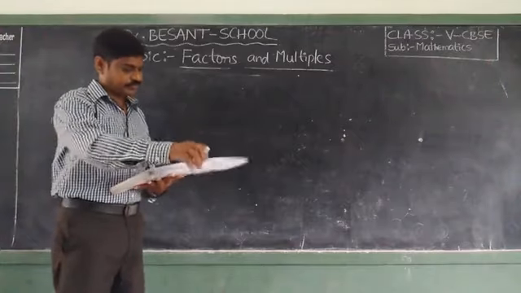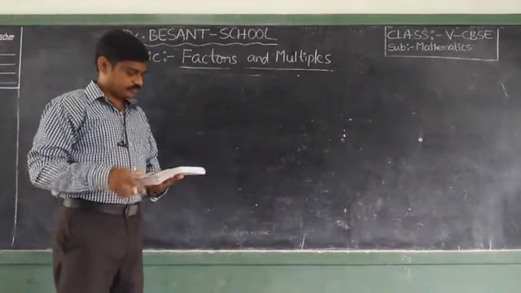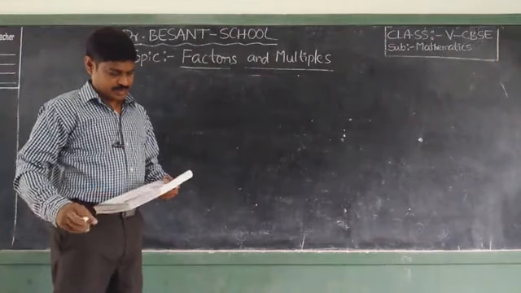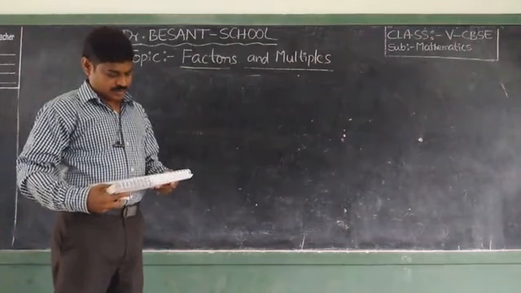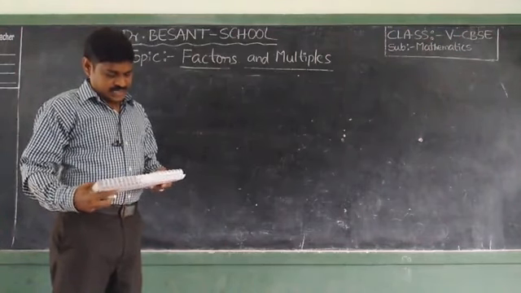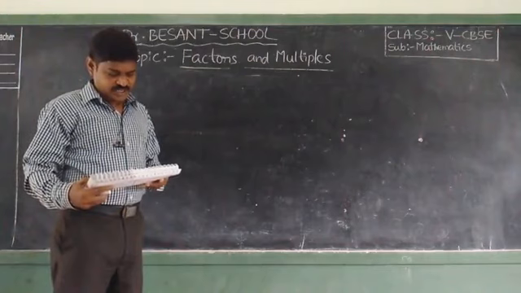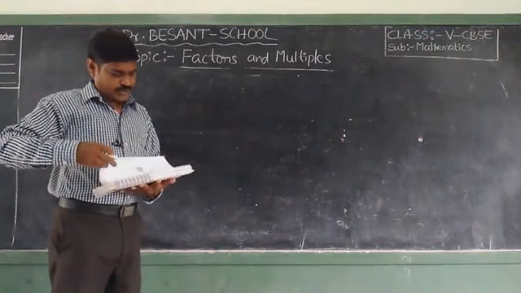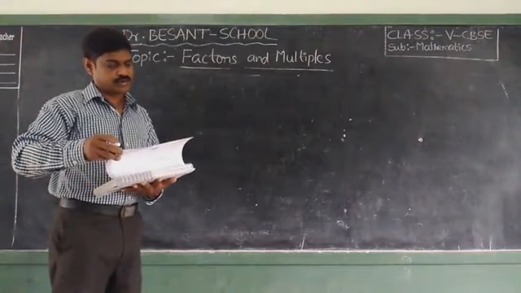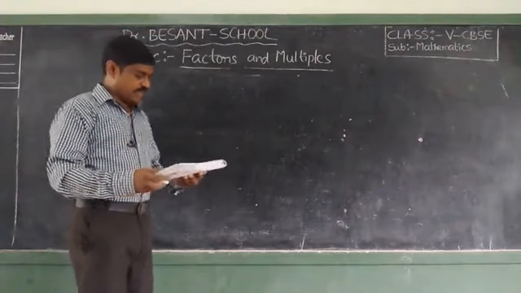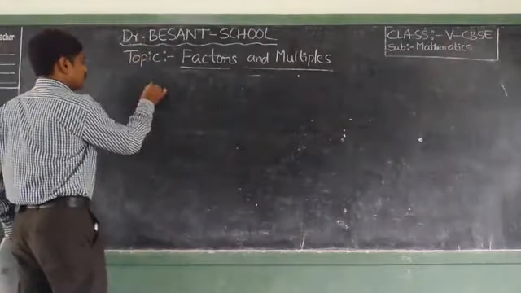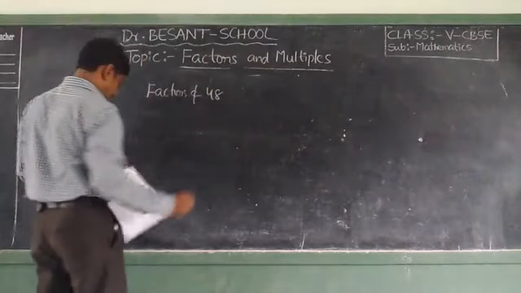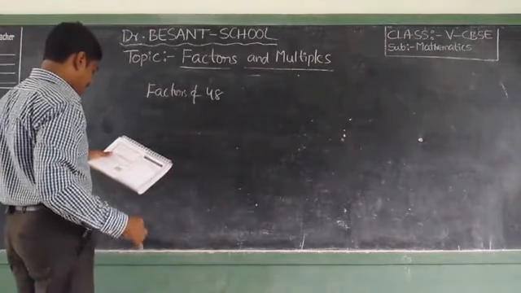Next, list all the factors of each number, factors of 48 and factors of 32. Next we have to find the factors of 48.